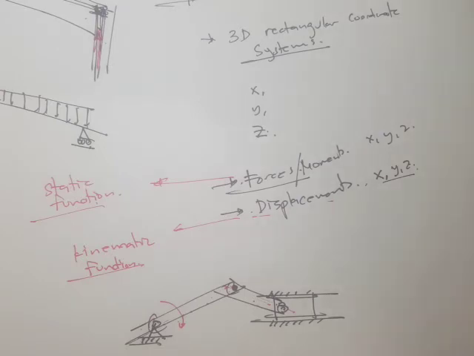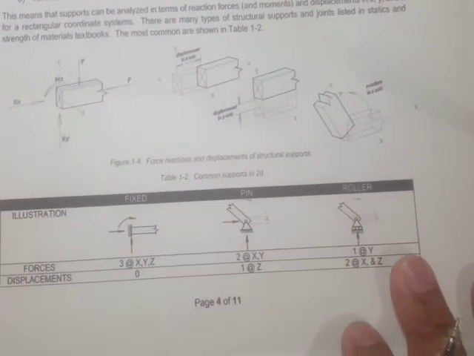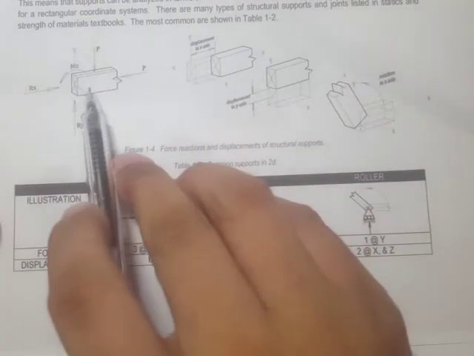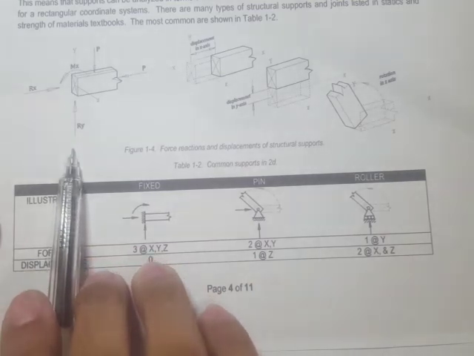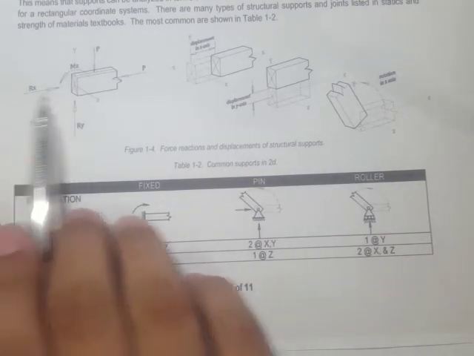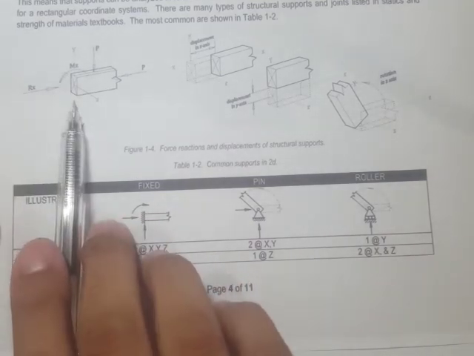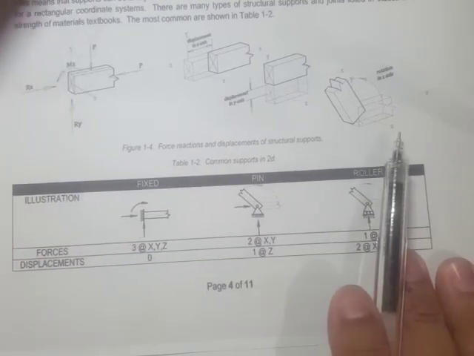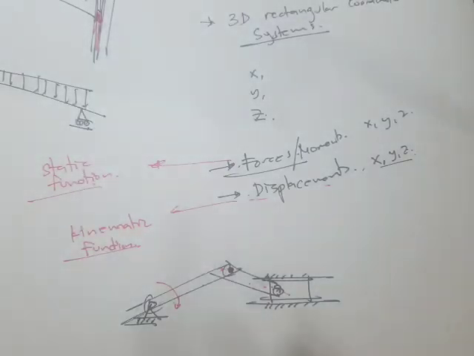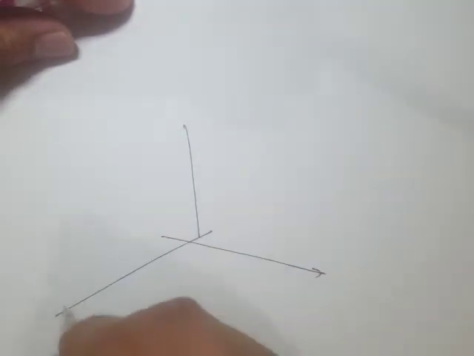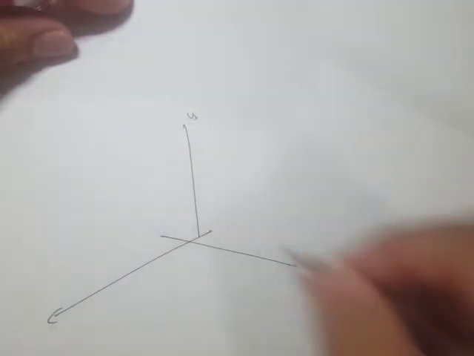So right here in our lecture handouts, we have figure 1-4. The forces could be in terms of reaction along x, reaction along y, but since this is 2D, a more complete one is, let's say this is x, y, and z.